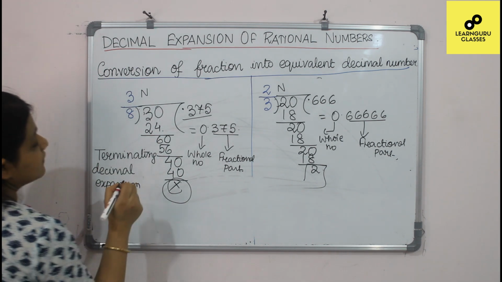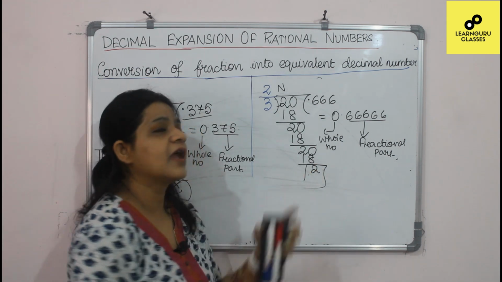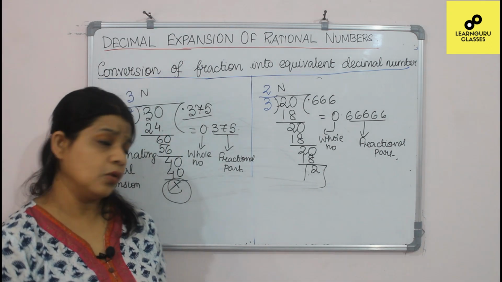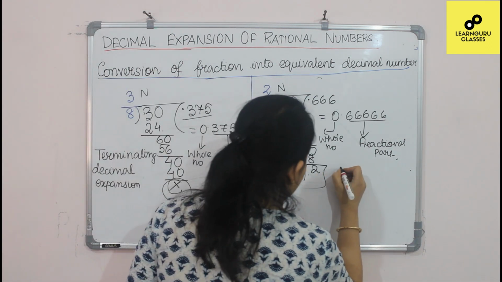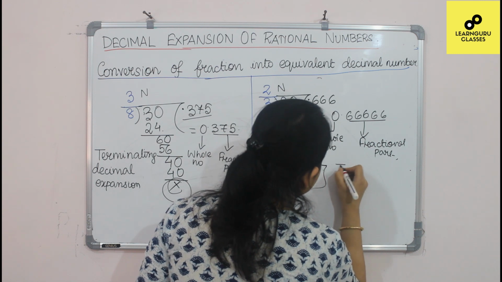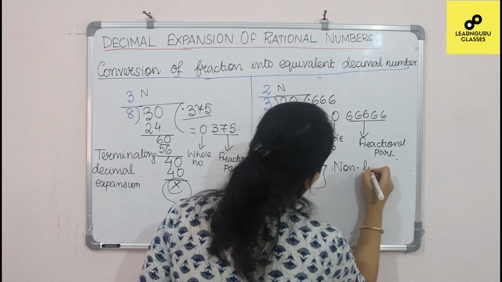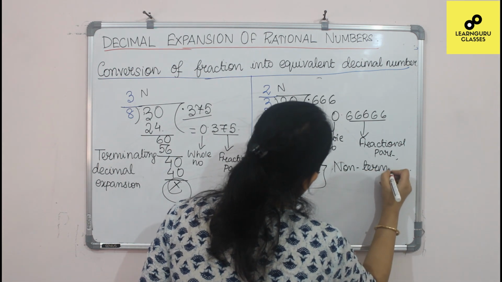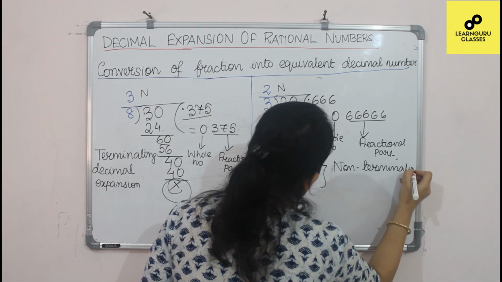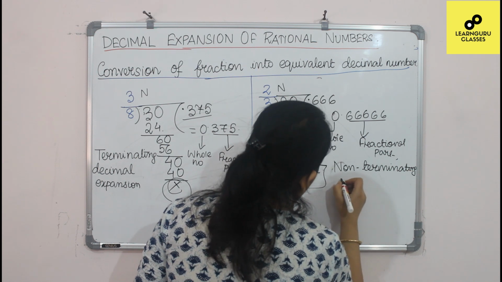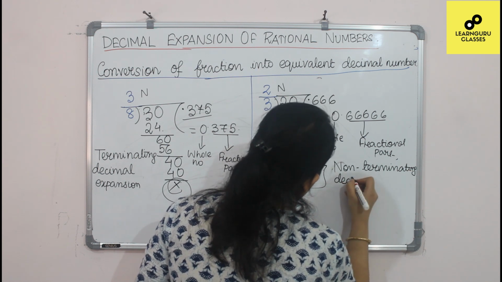And in this example, since you are not getting the remainder as 0, we call it a non-terminating decimal expansion.